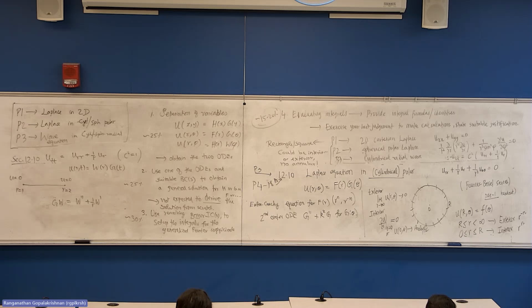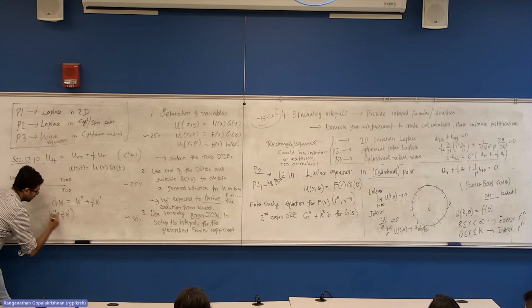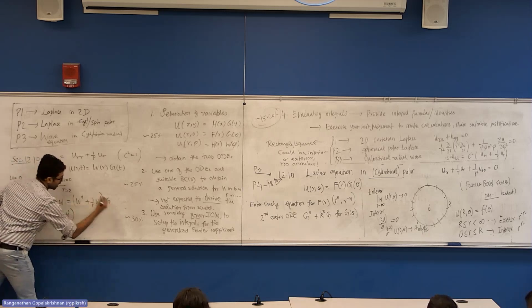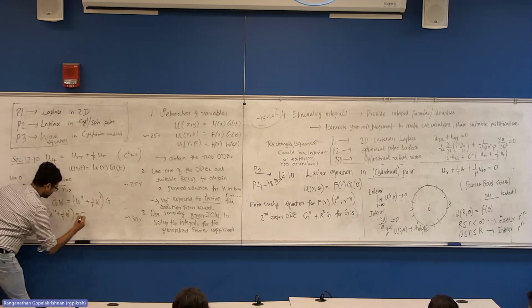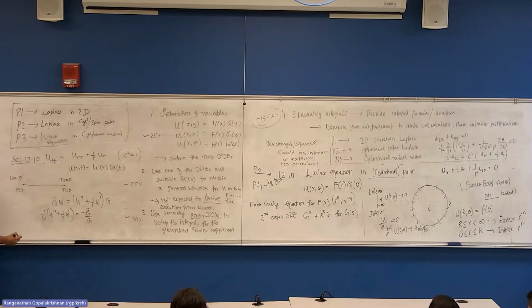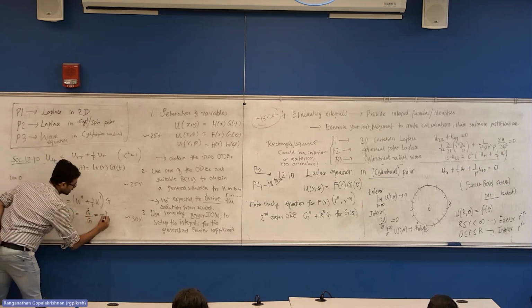So we would have W double prime plus 1 over r W prime, times 1 over W, this also should multiply by G, equals minus G double dot divided by G, and we'll say this is equal to, it's not minus k.